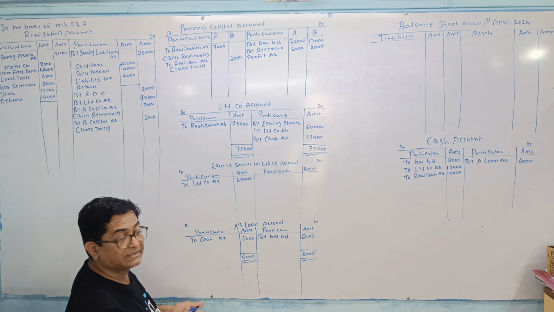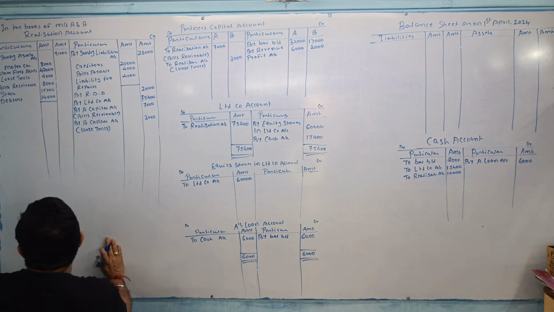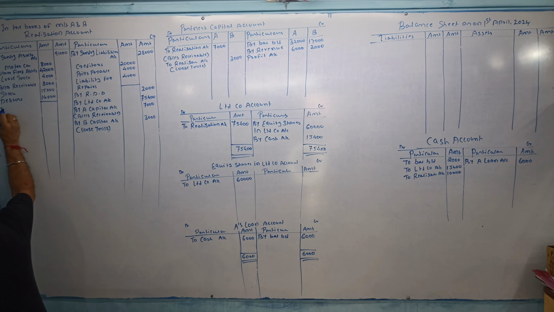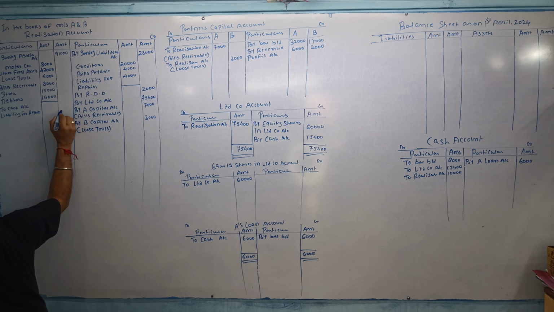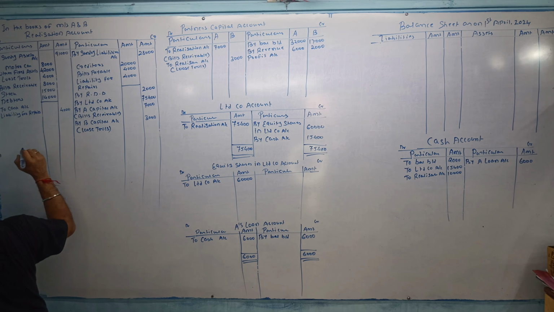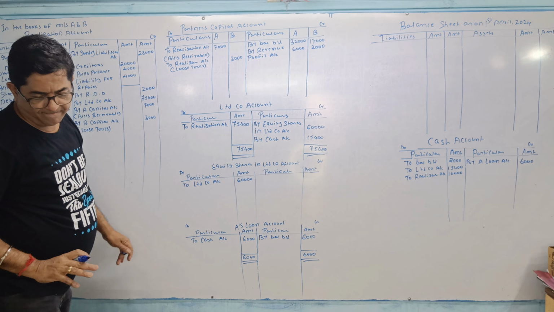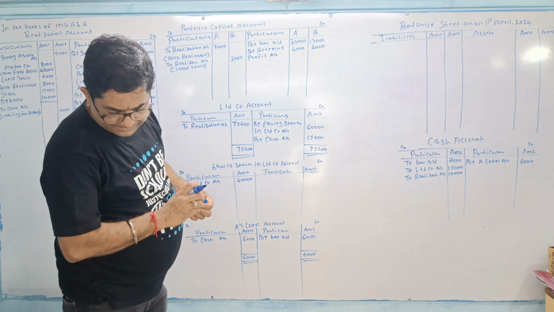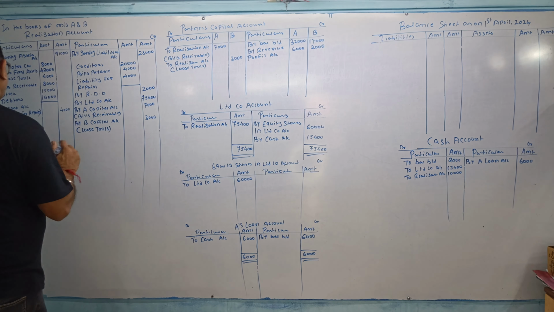Now liability for repairs ये भी पे किया, तो realization to cash, realization account debit side to cash account. Liability for repair, realization expense 4,000 पे कर, and realization expenses amounted to 2,400. So realization account debit to cash.